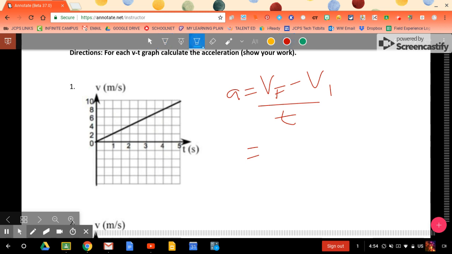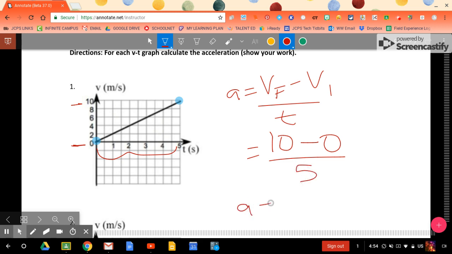Then I like to pick out my 2 points, my first point and my second point. My first point is at 10 meters. So that's my final speed minus my start point of 0, or my initial of 0. And this happened over 5 seconds. So my acceleration equals 10 divided by 5, which equals 2 meters per second squared.